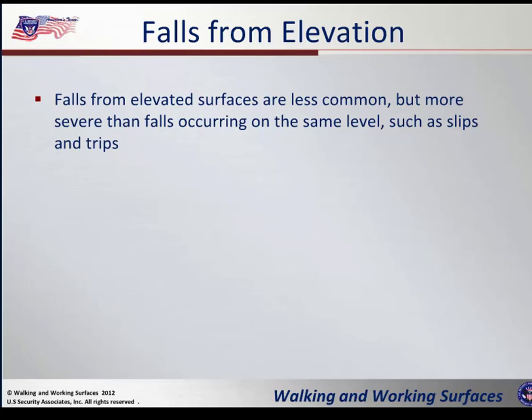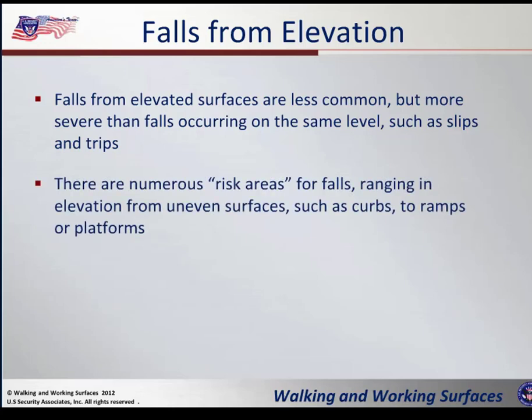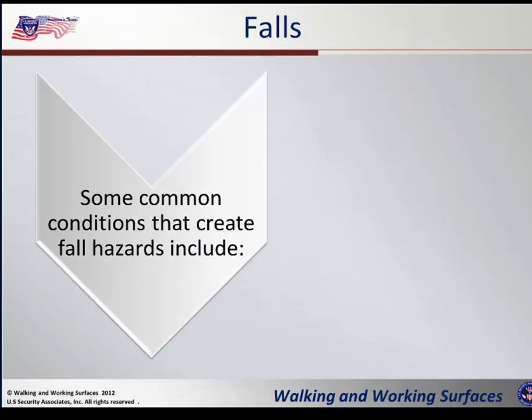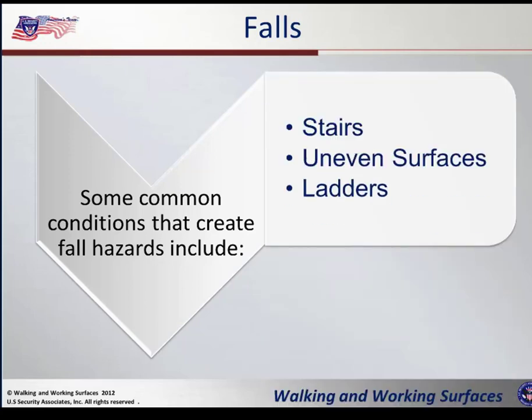Now, there are numerous risk areas for falls. They range from uneven surfaces such as curbs to ramps or to platforms. Many of the accidents are due to lack of proper fall protection or inattentiveness while working or using that surface. Now, let's look at some conditions that create fall hazards.